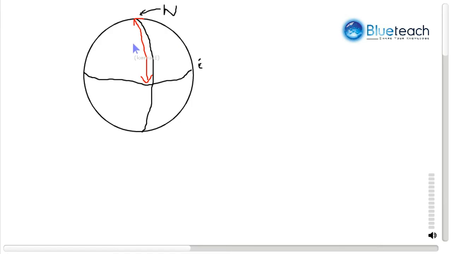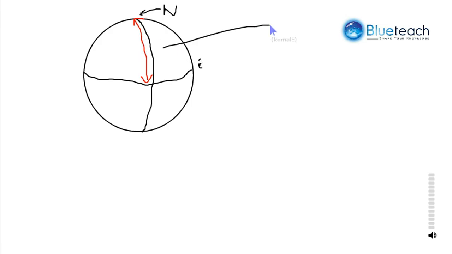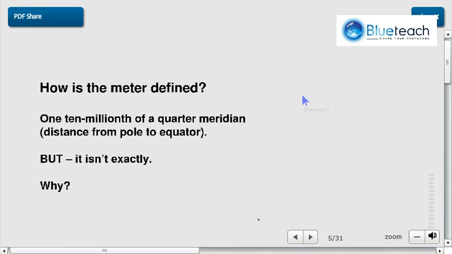So if you take that distance and let's call it D, and you divide it by 10 million, so that's another 6 zeros, you get a meter, right? So that's pretty accurate. But in reality, the meter is not exactly that distance.